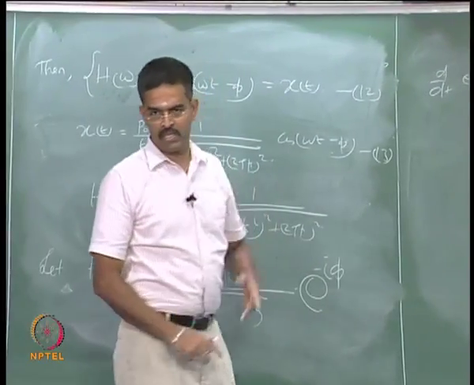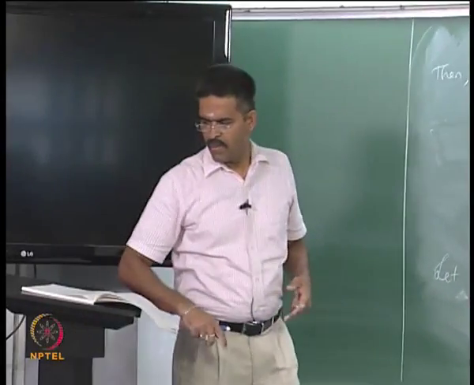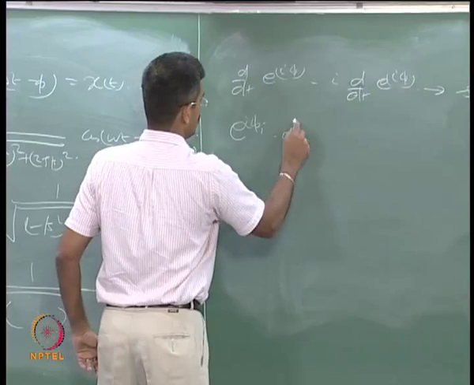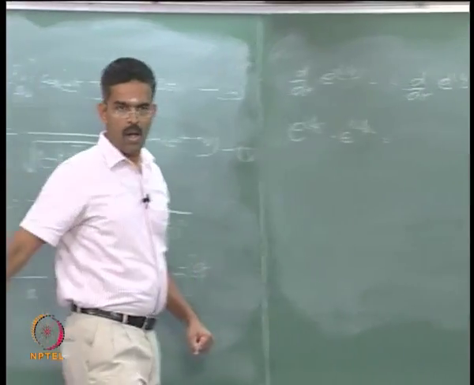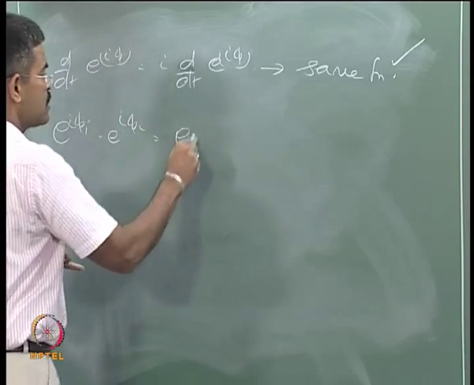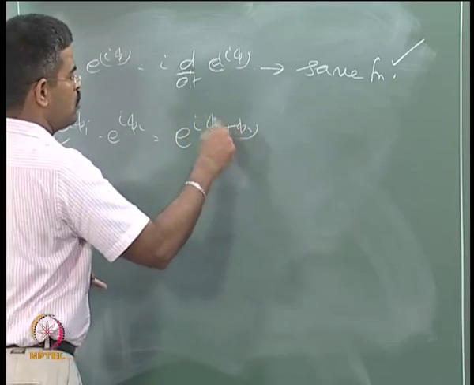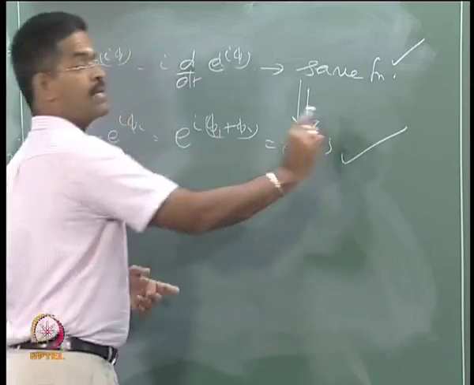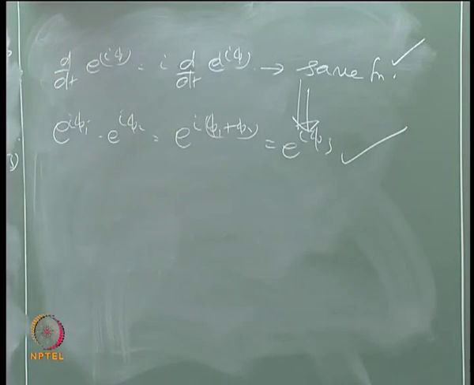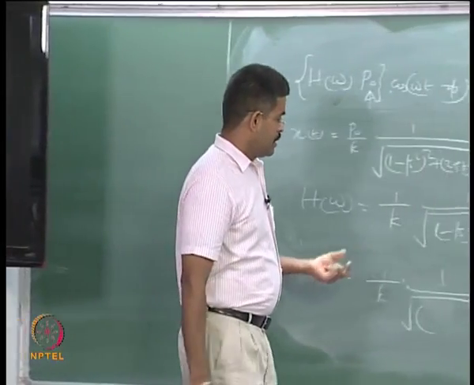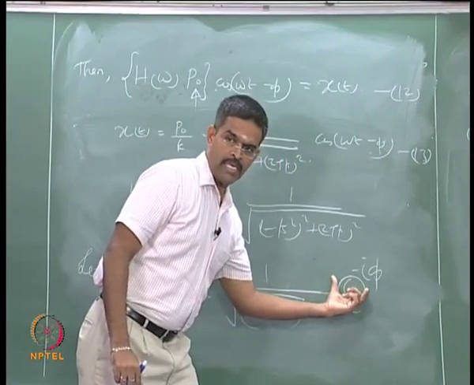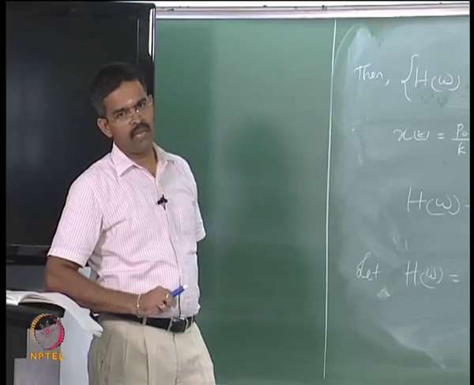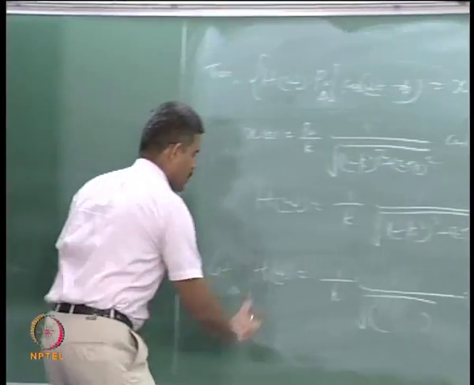Suppose I have got two combinations, let us say i phi 1 and i phi 2. I will again get back something of phi 1 plus phi 2, which I can say e^(i phi 3). Again I am getting a similar function back, is it not? So there is an advantage that the multiplier here will not qualitatively vary your H(omega), okay. So this is my transfer function.